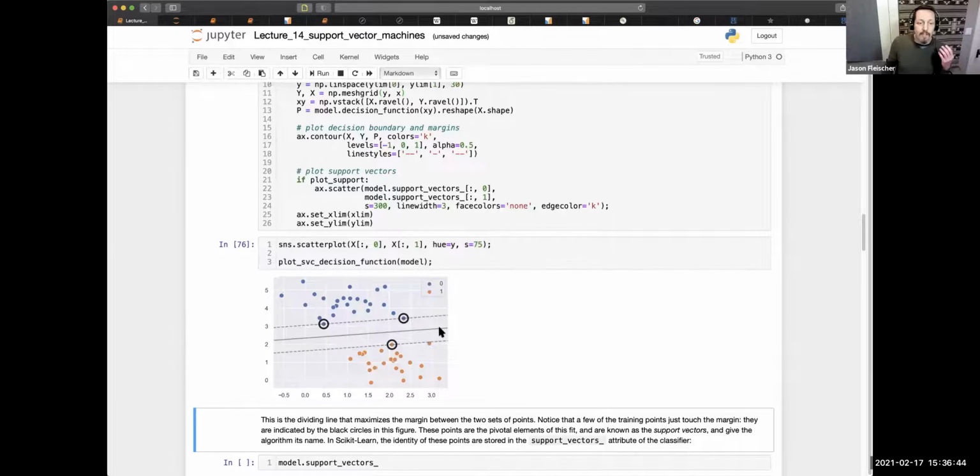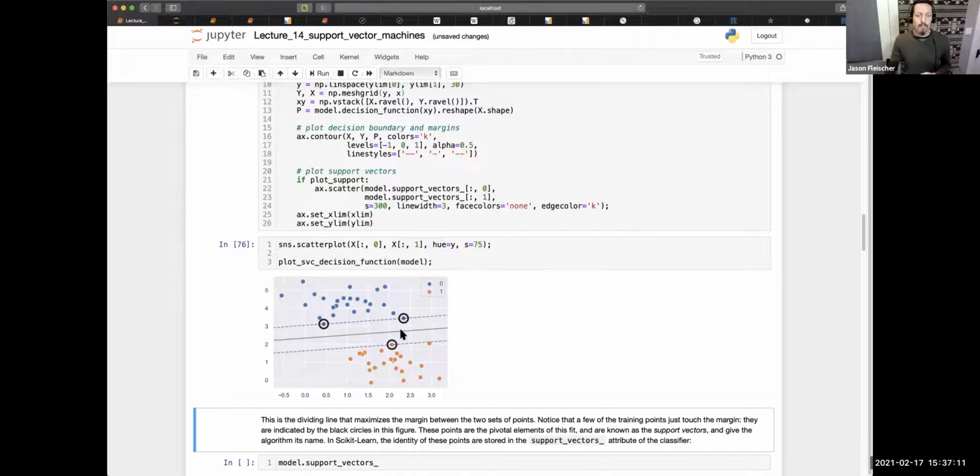Okay, so this is the fitted support vector machine, and we're plotting the support vectors, right? The closest points define where the margin is going through these vectors, right? The closest data points on each side of the dividing line.